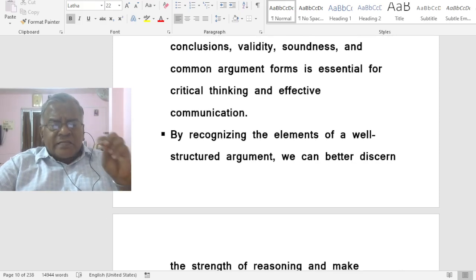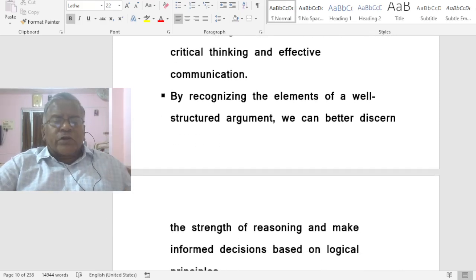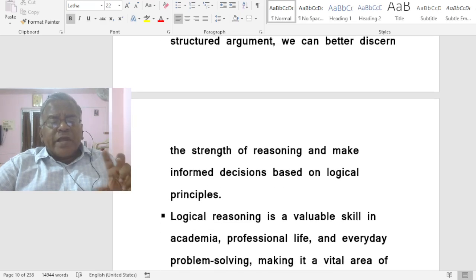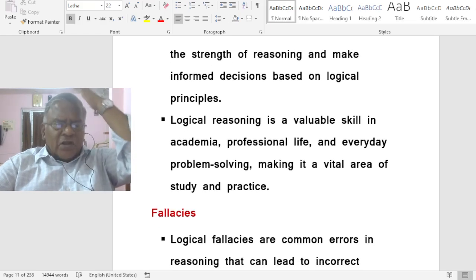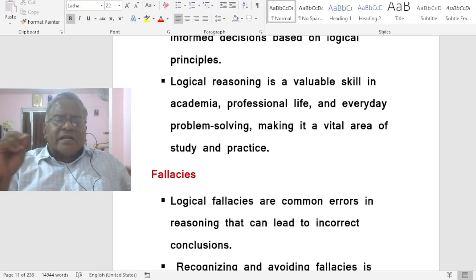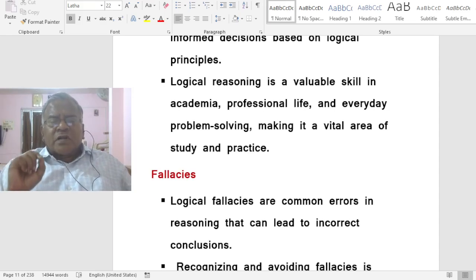By recognizing the elements of a well-structured argument, we can better discern the strength of reasoning and make informed decisions based on logical principles. Get a general meaning, that's enough. Logical reasoning is a valuable skill in academia, professional life, and everyday problem solving, making it a vital area of study and practice.